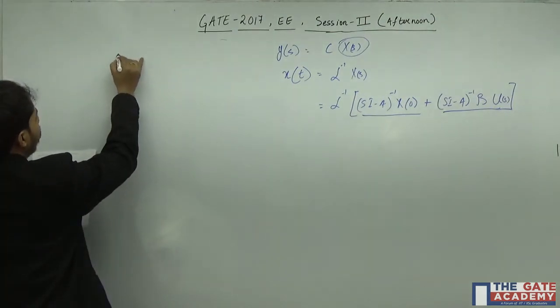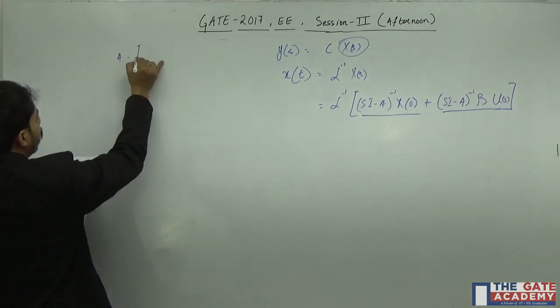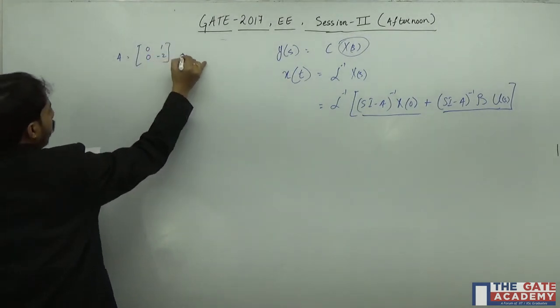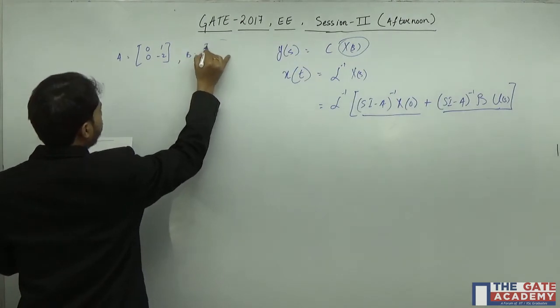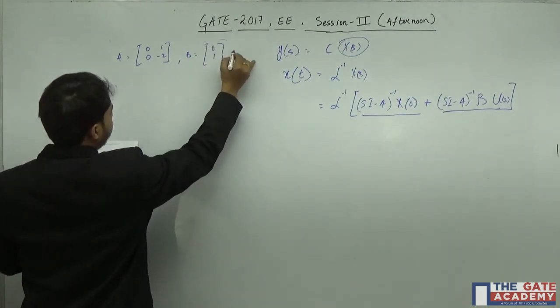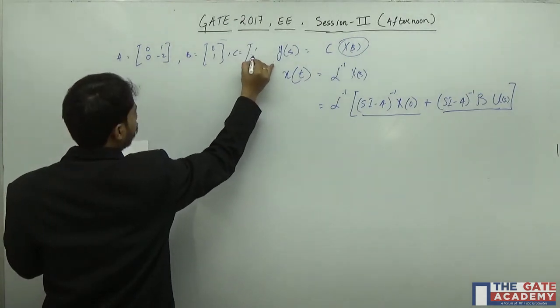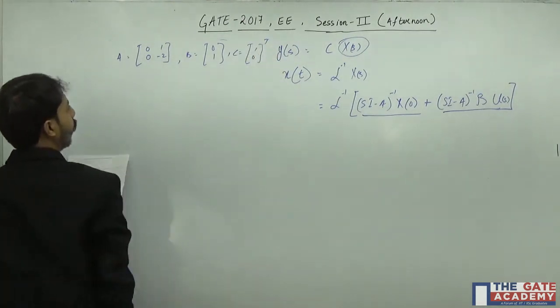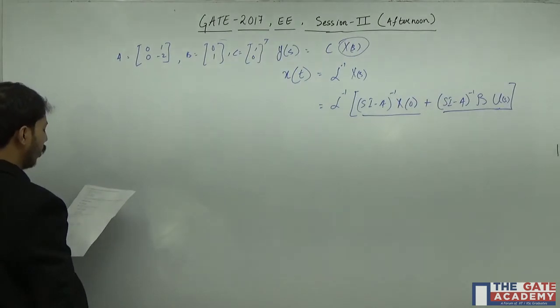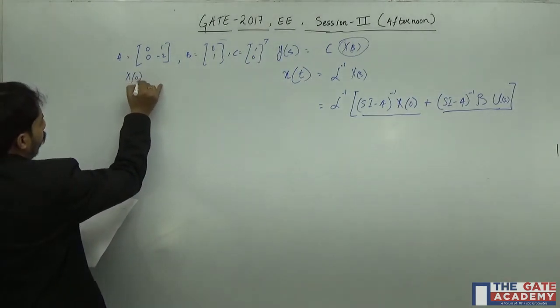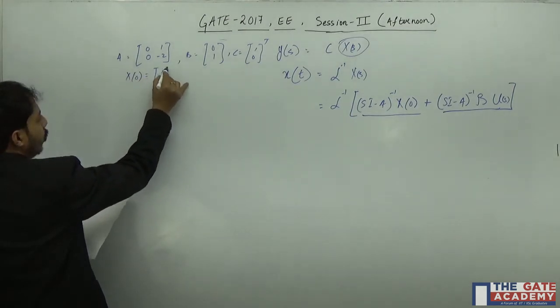So A is given in this question, A is [0, 1; 0, minus 2]. B is also given as [0; 1]. C is also given as [1, 0]. x0 is also given as [1; 0].